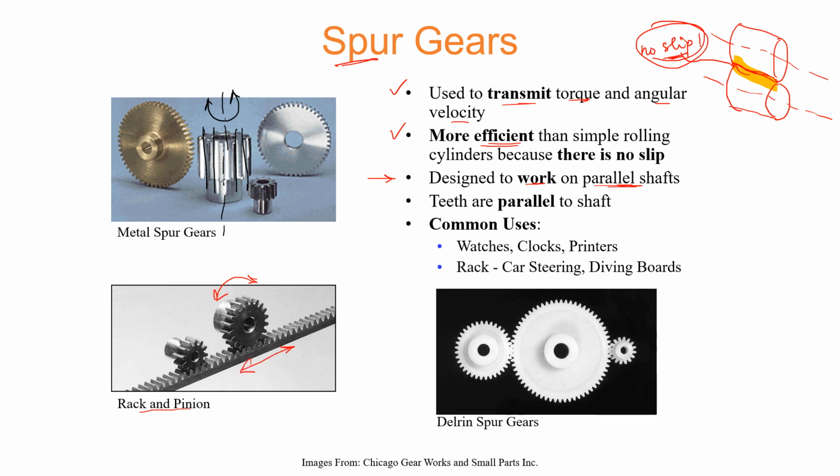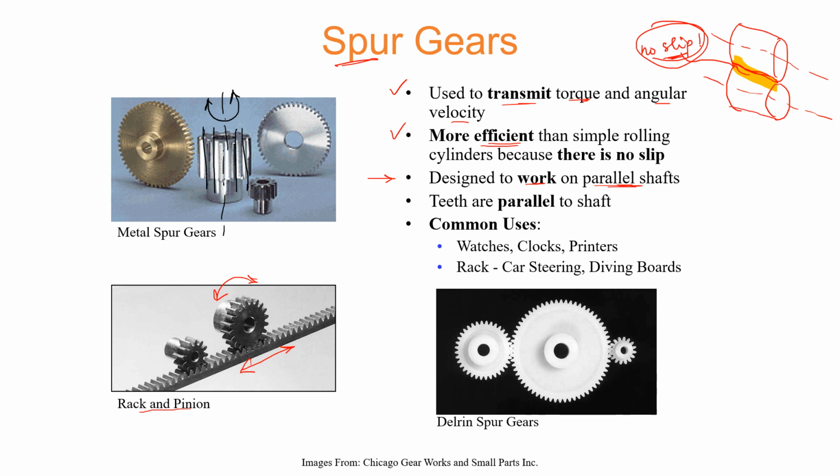You can assume that the rack has a radius of infinite length, and that's why it is just like a straight line, so as to remain consistent with the previous discussion. That's one very interesting application where you can see that the rotary action can be translated into a linear action, or a linear action alternatively can produce rotary action, depending upon the direction of motion being imparted.